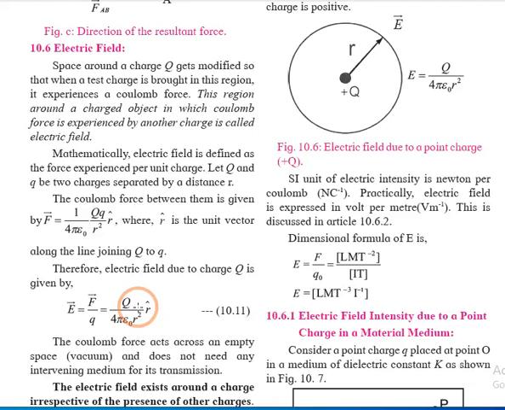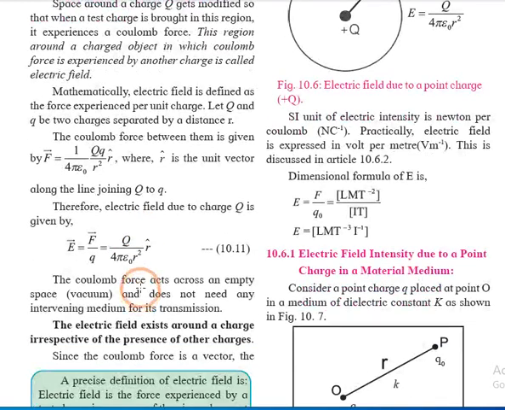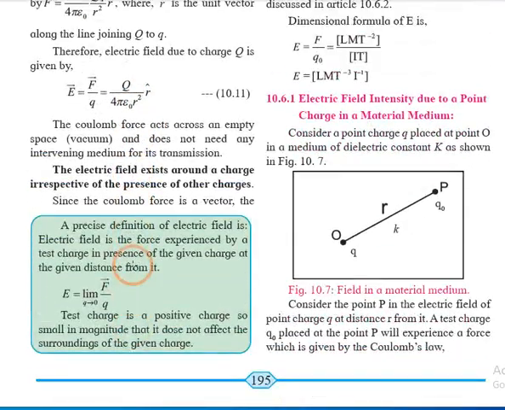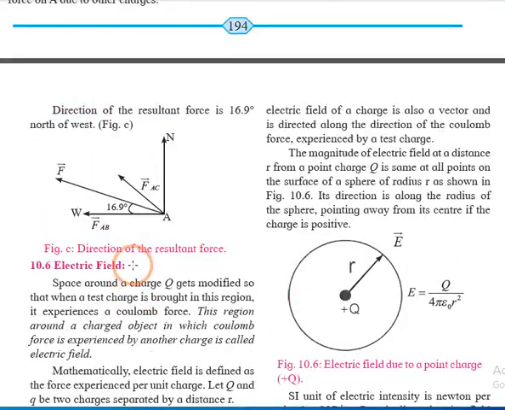This Coulomb force acts across empty space and does not need any intervening medium for its transmission. It means the electric field exists around a charge irrespective of the presence of other charges. Due to this reason, Coulomb force is a vector quantity.